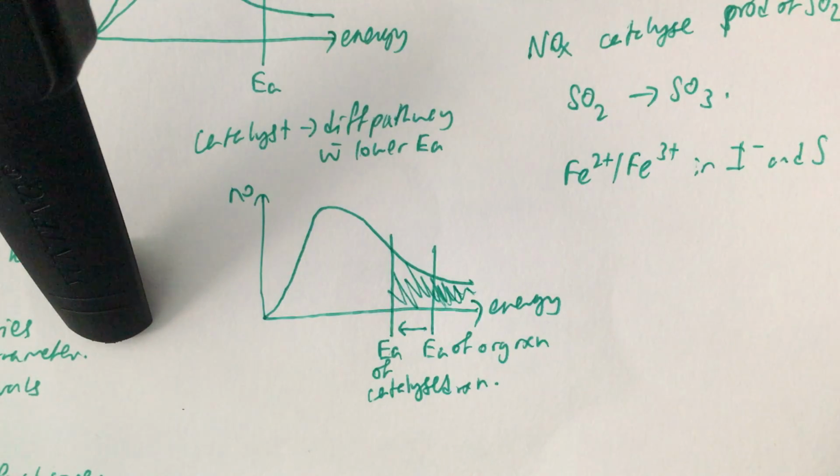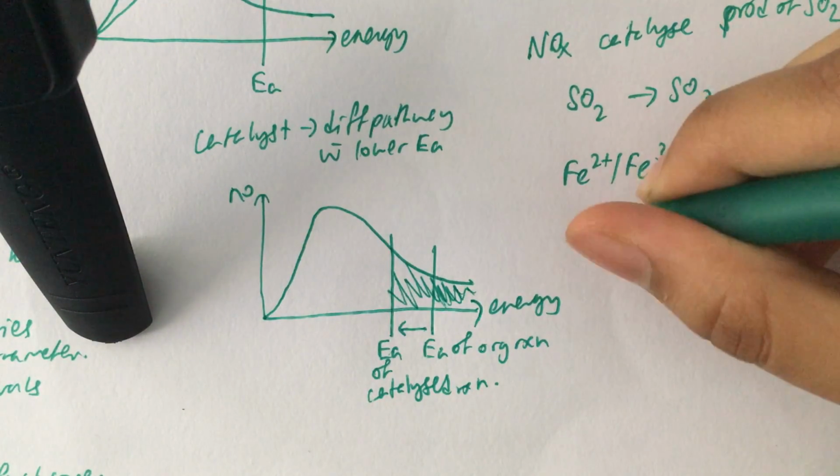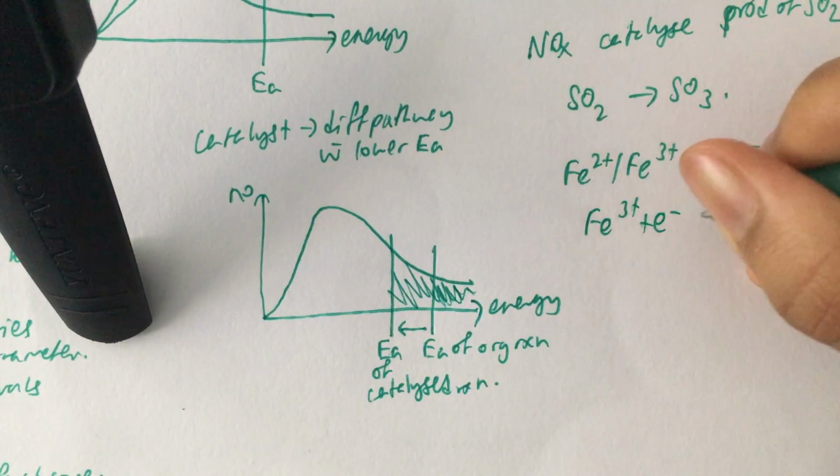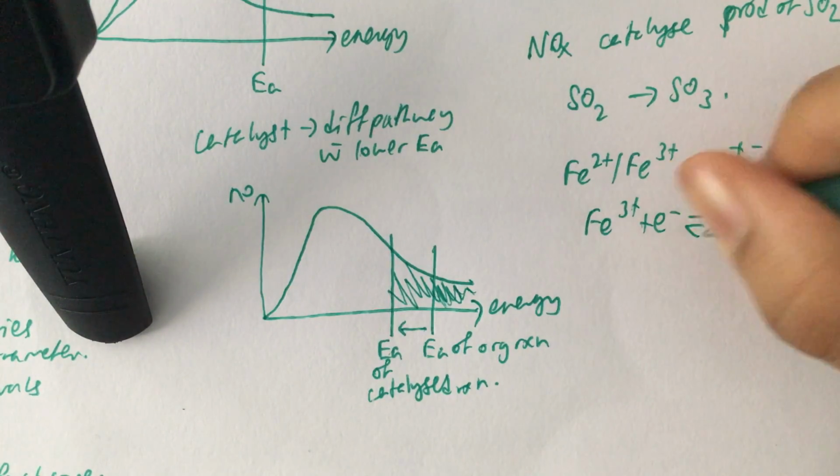So how this happens is that the Fe2+ can become Fe3+, then Fe3+ can become Fe2+. So what we do here is, if you go to page 46, your electrode reactions, and you can see that Fe3+ plus an electron becomes Fe2+ is 0.77.